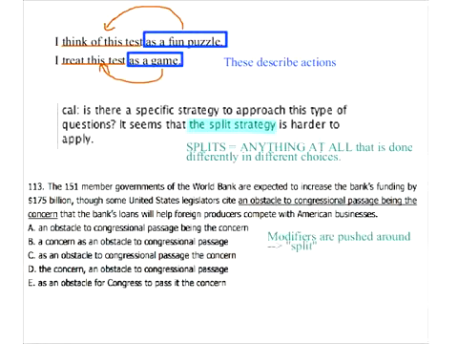If you have a concern, that's a split. If you have being or the concern or as the concern, that's a split. I mean, when we say split, that's what we mean.